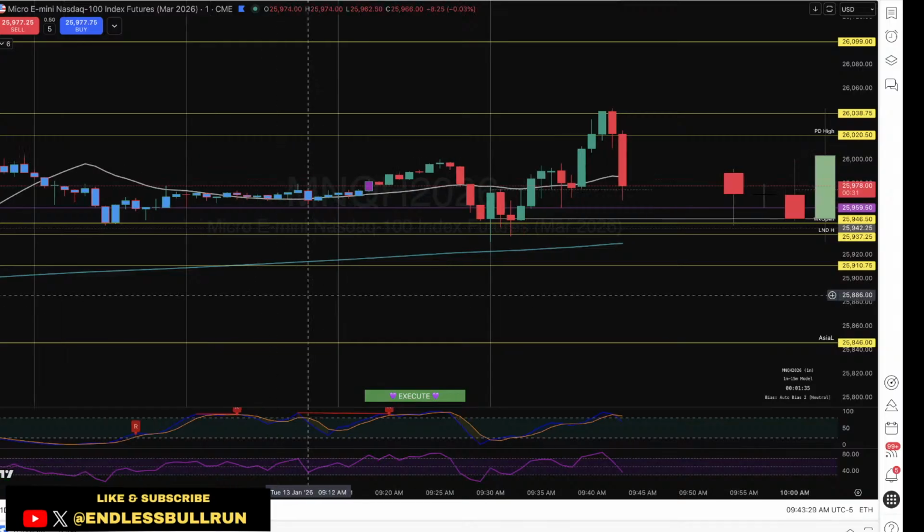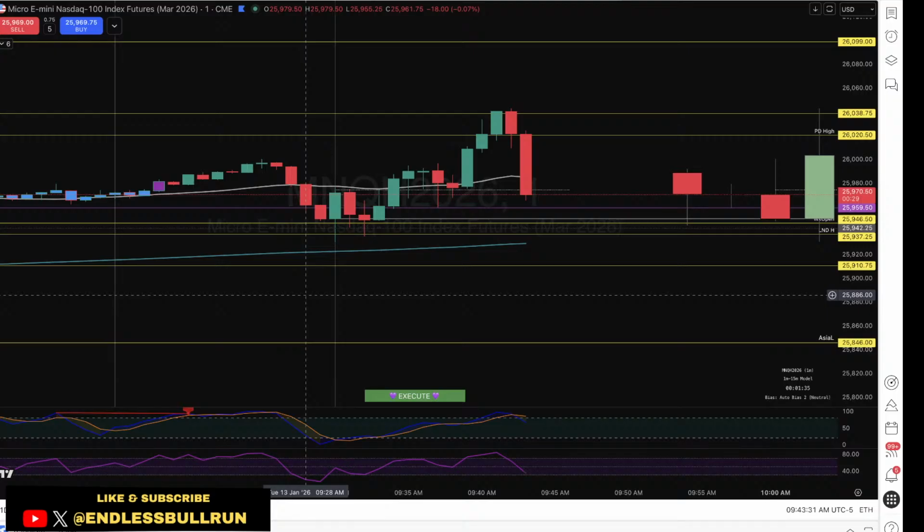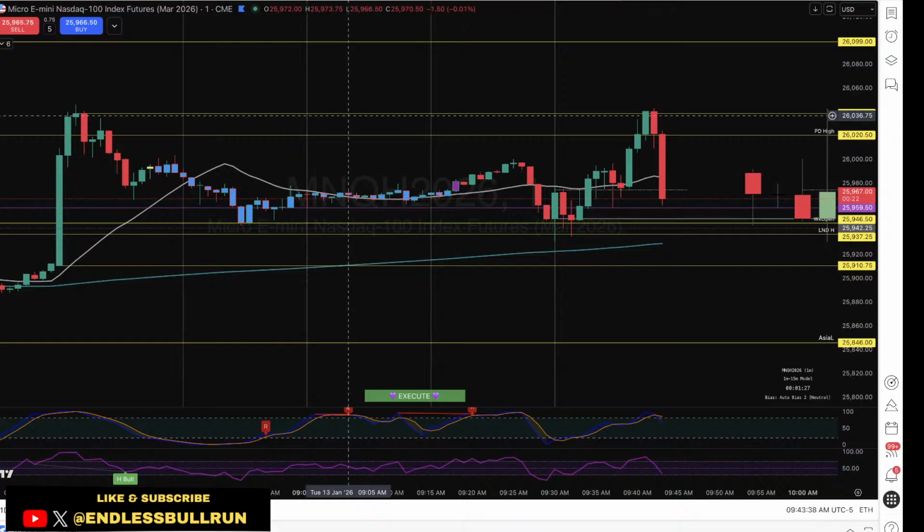Massive chopping. Just swept previous day high again. Right to the dead eye. See how it didn't sweep that?